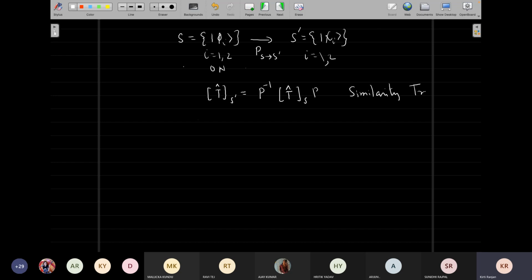We said that this T in S prime, even though matrix-wise it looks very different from T in S, for all practical purposes they are similar matrices. Why? Because they have the same eigenvalues, the same traces, and the same determinants. So similarity transformation results in going from one matrix representation to another. In fact, if you build the similarity transformation in a particular way, then you can even diagonalize the matrix using this.